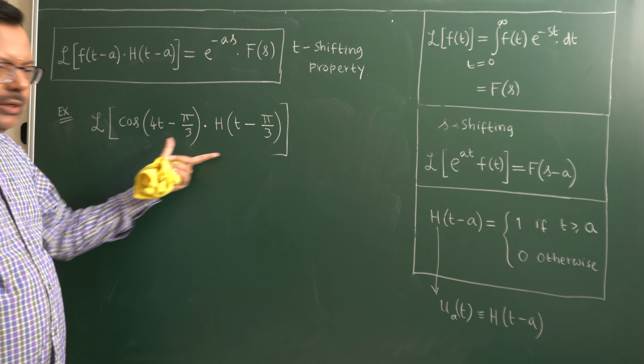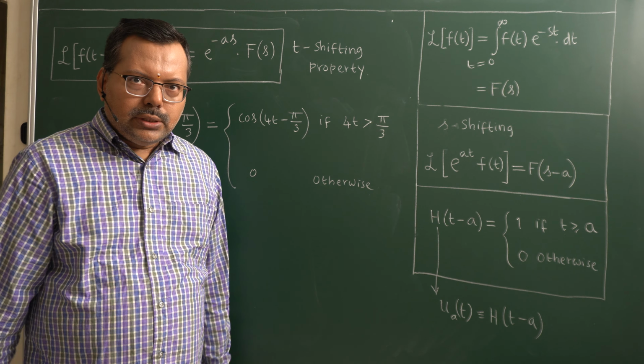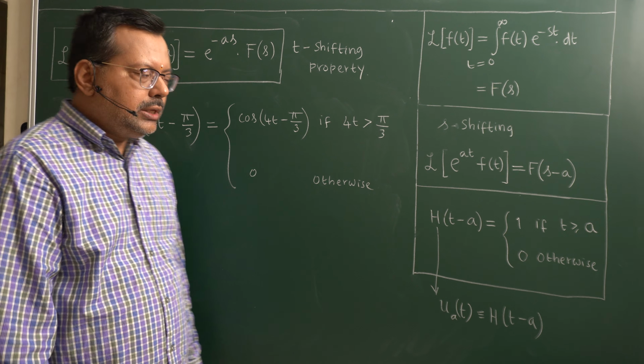This will be equal to cos of 4t minus pi by 3 if 4t is greater than pi by 3, otherwise 0. So we consider 4t on the x-axis and then you can plot. That is how the idea comes.